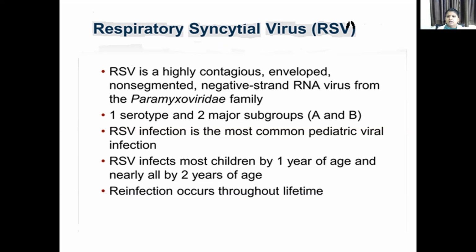It contains two proteins: the G protein spike, which is responsible for the attachment of the virus to the host cell, and the F protein spike, which is responsible for the fusion of the virus to the host cell, thereby causing syncytial or multinucleated giant cells. It lacks neuraminidase and hemagglutinin activity. This is another important characteristic feature of the respiratory syncytial virus.